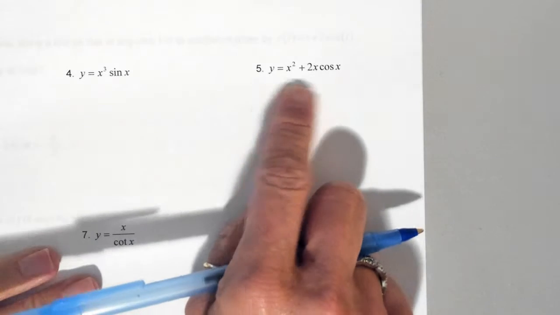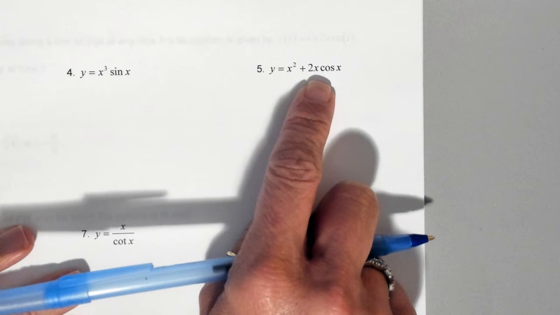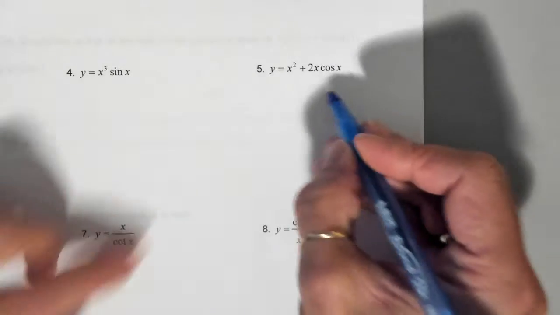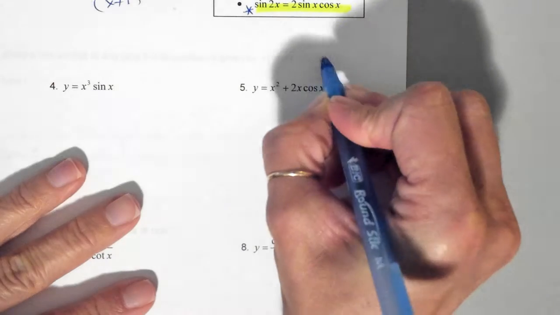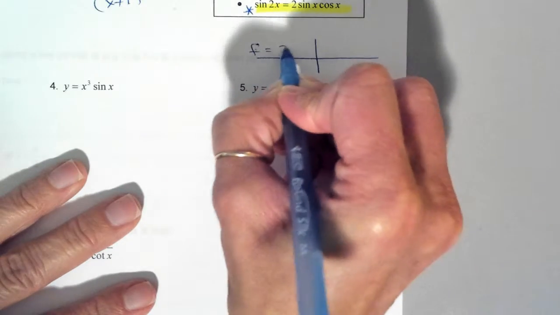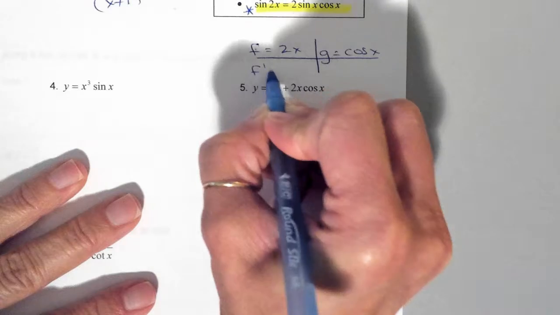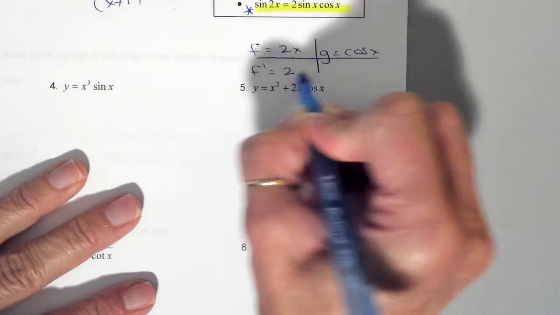Let's jump to 5. So not only do I have to use the addition rule here, but I need to use the product rule, right? So let me make a table for this, and I'll do it right here. So we've got f is equal to 2x, g is equal to the cosine of x. What's f prime? What's g prime?